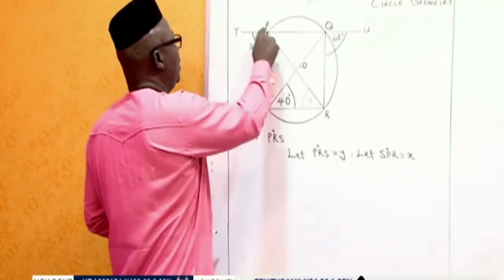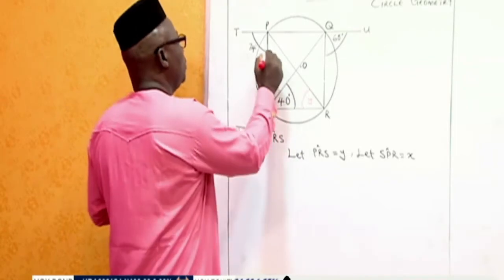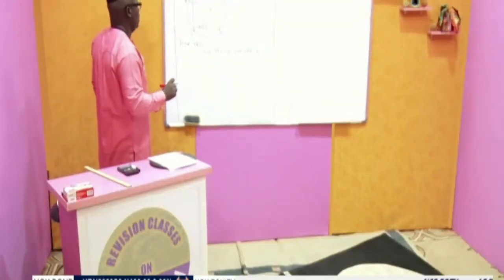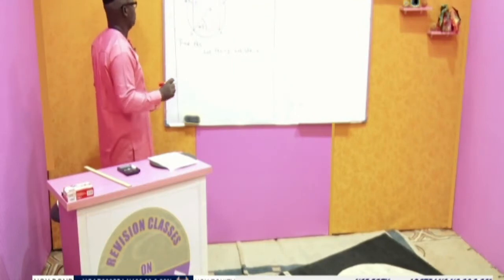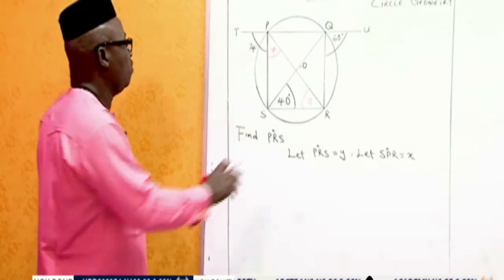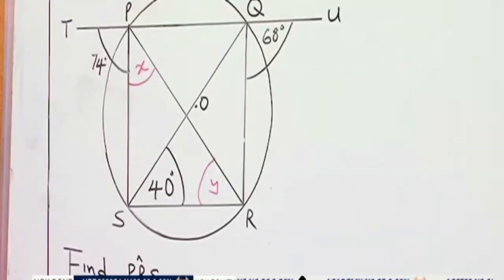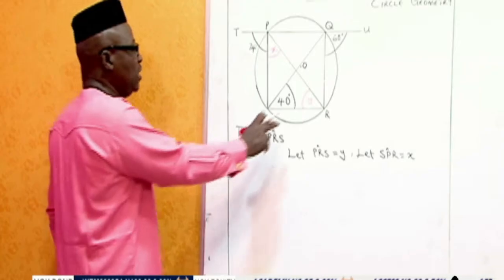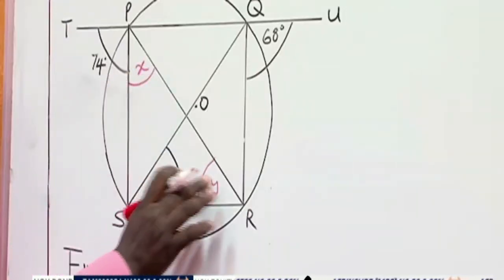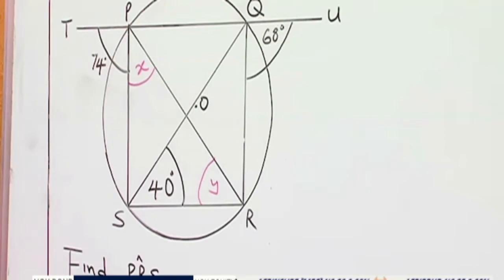SPR is this particular angle. So I'll label this place as x. Now we are ready for the solution. Have it in mind that what we are actually looking for is y. But to make the work easier, I've denoted that particular point here as x, where we are looking for y.